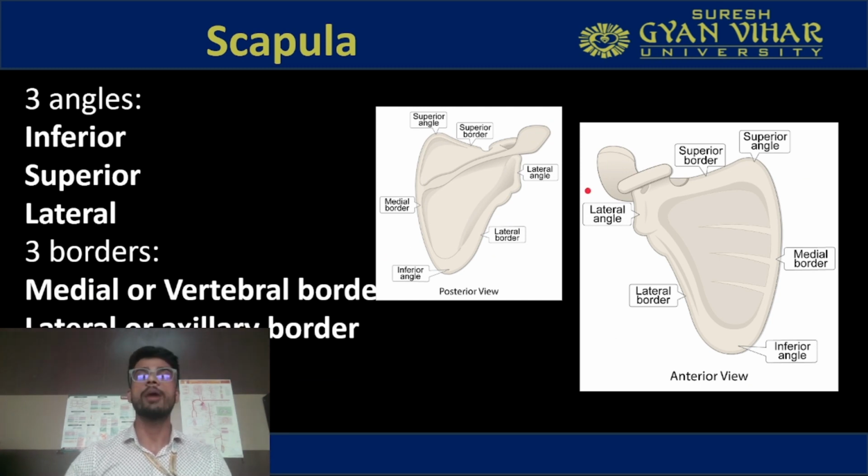Now let's talk about the scapula. The scapula has three angles: inferior angle, superior angle and lateral angle. It also has three borders. Which are the three borders? There is the medial border, lateral border and superior border.